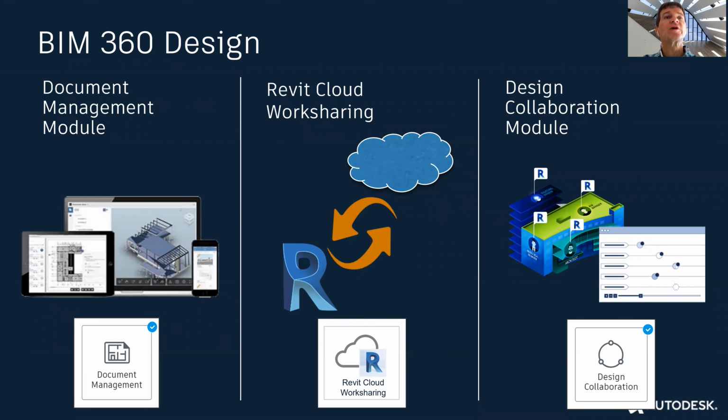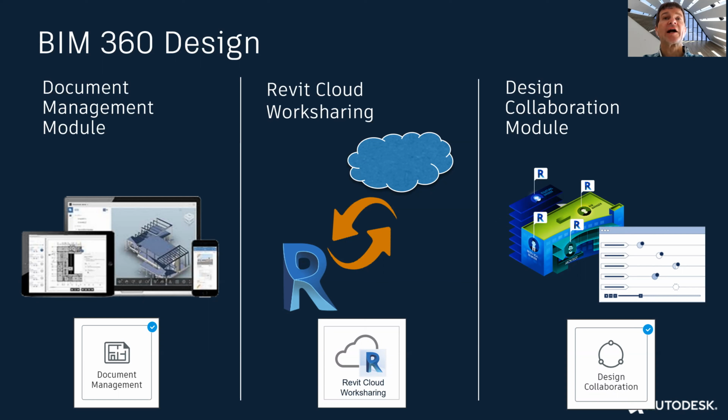If you look at the architecture of BIM 360 Design, it has three elements. One is the document management module. Basically, it automatically contains BIM 360 Docs functionality as a repository, and also tools and functionality related to this repository. Then there is Revit Cloud Work Sharing.